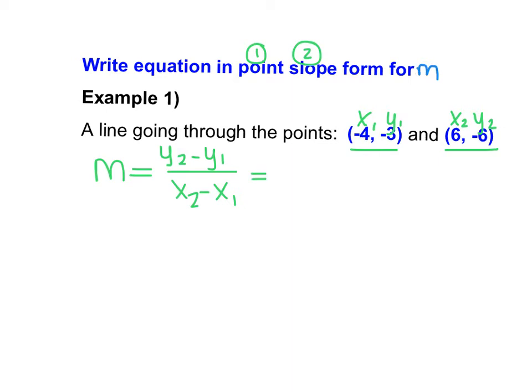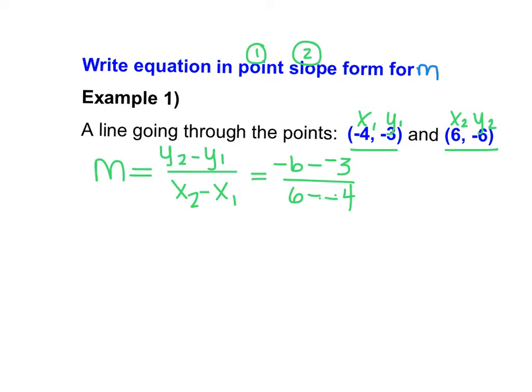So from here we substitute: y2, which is negative 6, minus y1, which is negative 3, divided by x2, which is 6, minus x1, which is negative 4.